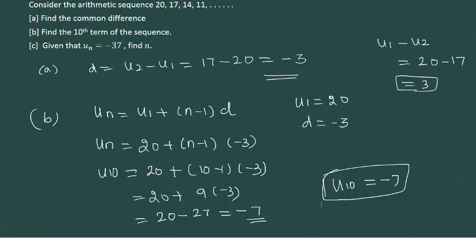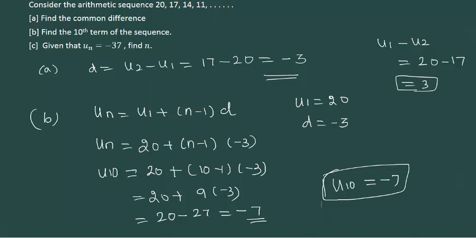You need the nth term relation. That is un is minus 37. What would be n? The question is, in this sequence of 20, 17, 14, 11, etc., there is a term minus 37. And which term is that? If there is a term minus 7, which term is it? It is the 10th term.